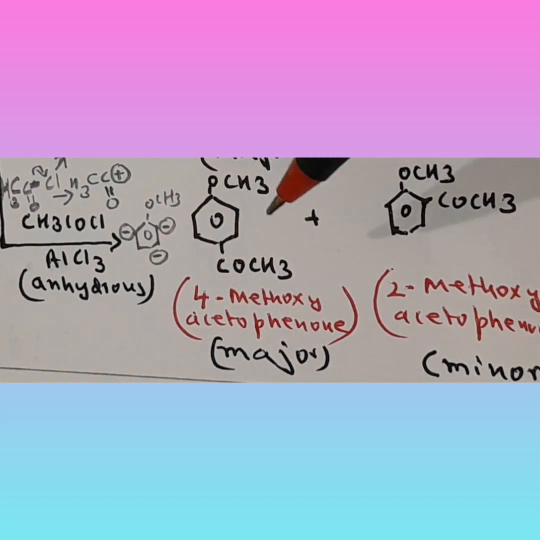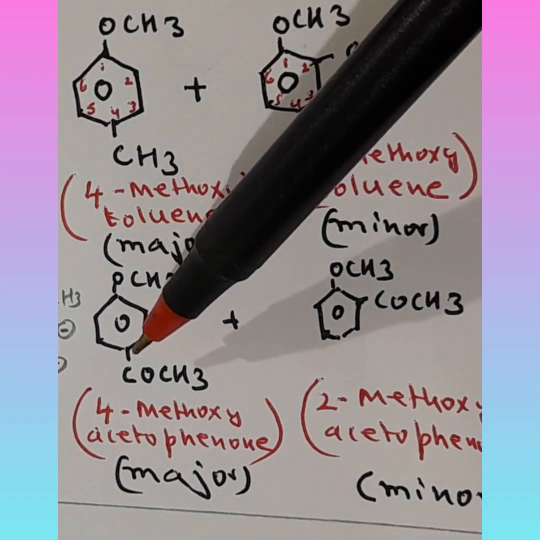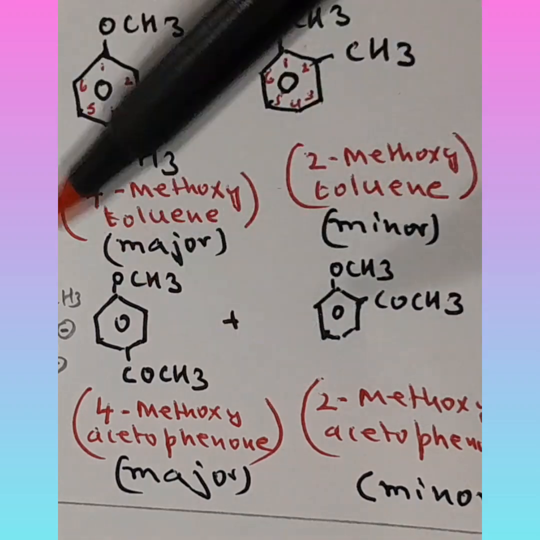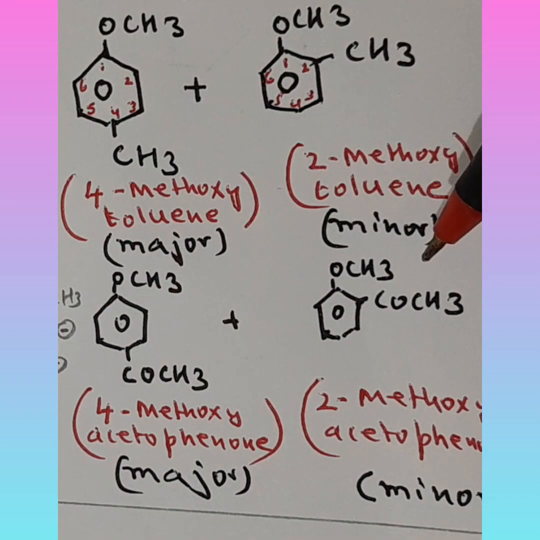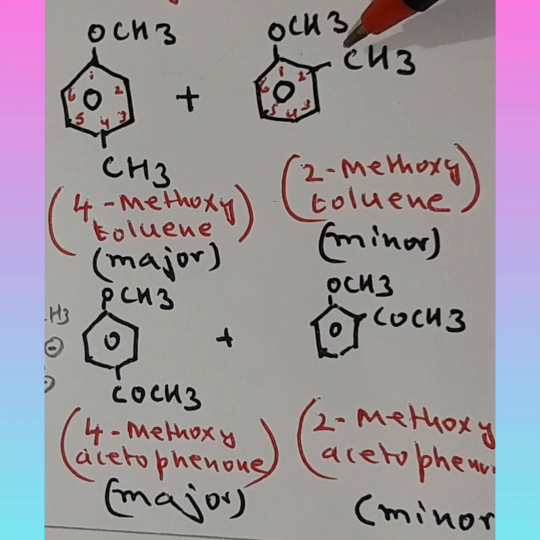Now another interesting thing that I would like to talk about, there are two factors. One is called the electronic factor and another is called the steric factor. Steric factor deals with bulk. Now for example, in CH3, three H's are there, so it's spread out. And if this would have been major, why electronic factor? Because this H and this O would have had some hydrogen bonding, and that is the electronic factor.